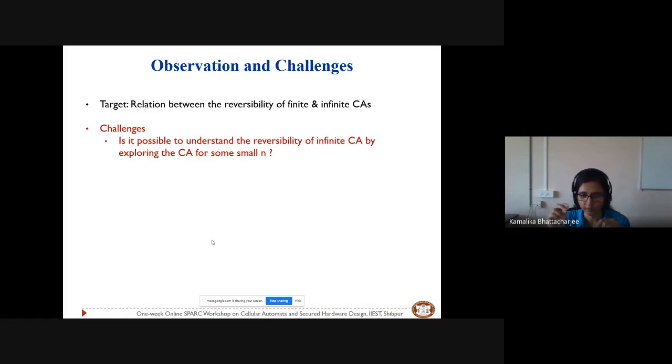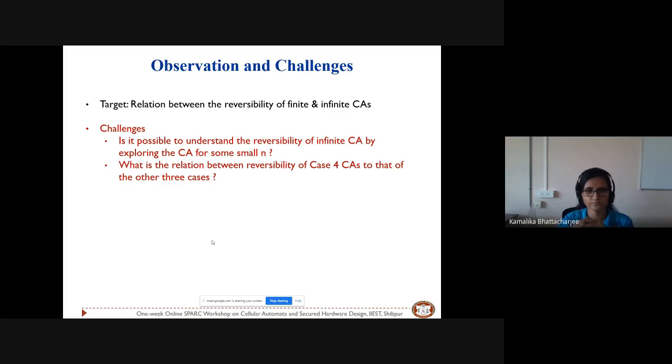Say we are exploring the finite CA of some specific sizes, not all sizes obviously, and we want to decide what will be the nature of reversibility for the CA if the same rule is there but it is defined over infinite lattice. So that is our first target. Second target is if there exists any relation between the reversibility of case 4 CAs with the other three cases.